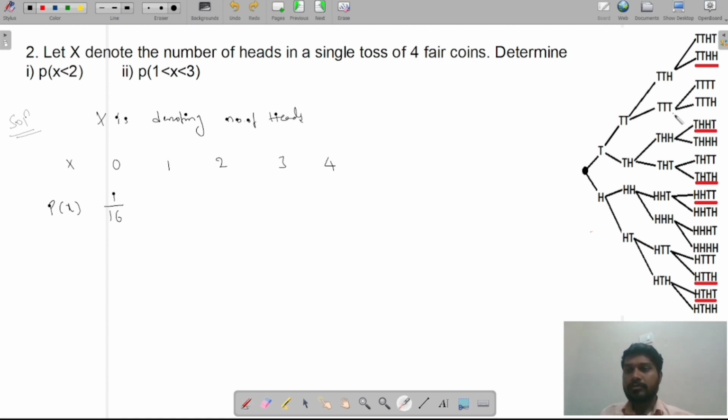Let's count now. 1, 2, 3, 4. There are 4 outcomes with one head, right? So how can I write the probability? 4 out of 16.